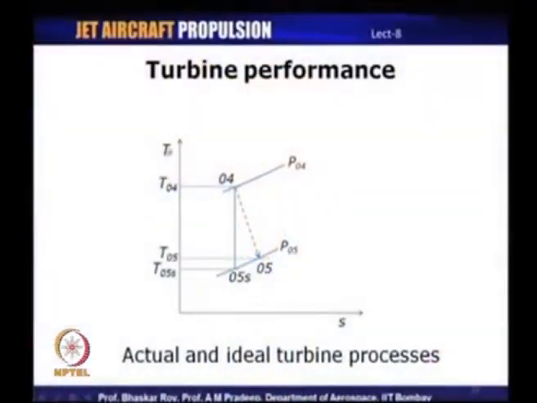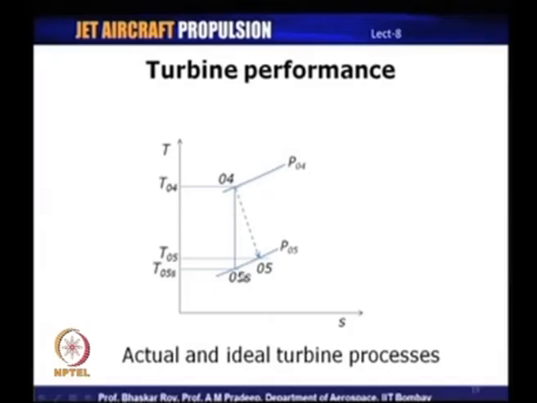Now, we will take a look at the TS diagram of actual and ideal turbines, so that we can understand the efficiency definition a little better. A TS diagram of a turbine is what is shown here. We have temperature and entropy on the y and x axes respectively. The turbine process begins at point 4, which is the turbine inlet. Point 5 is the actual point corresponding to the turbine exhaust.